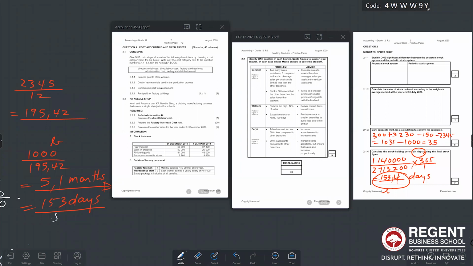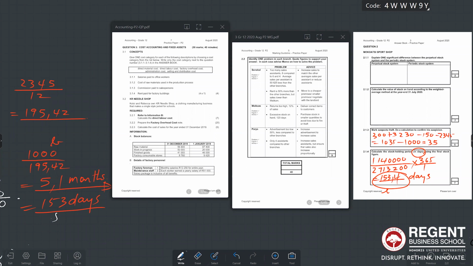But wait a minute. What if the question says the owner doesn't want to know break even? What he wants to know is how many units must he manufacture and sell if he wants to take his family on an overseas trip, and he wants you to tell him how many units he must manufacture and sell so that he gets 250,000 in his hand profit so that he can go on the overseas trip. Simple. Take the same formula to work out break even.